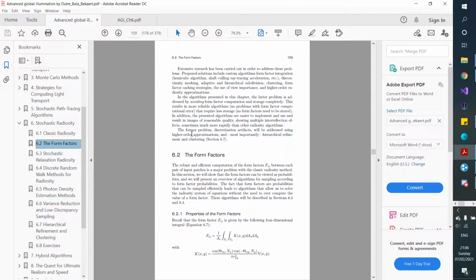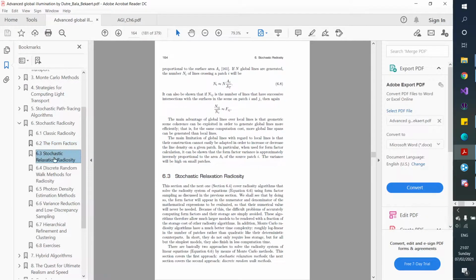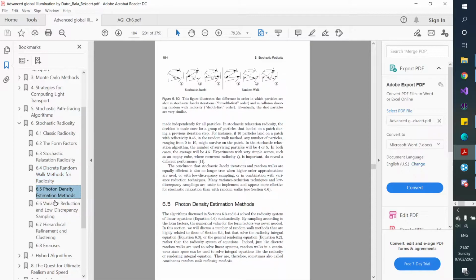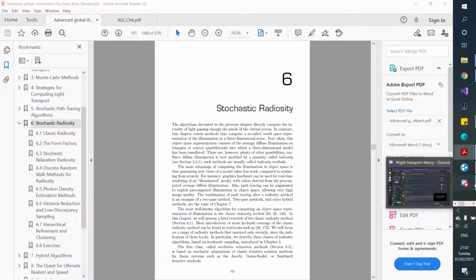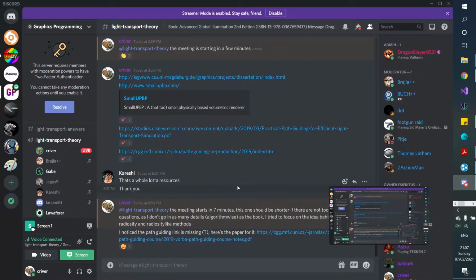The stochastic numerical solvers used to solve a linear system of equations. That's it, really. So all of these, 6.2, 6.3, 6.whatever, it's basically a different numerical solution to an almost the same linear system. Yeah. Gotcha. Other questions?